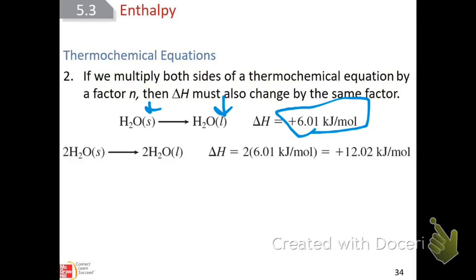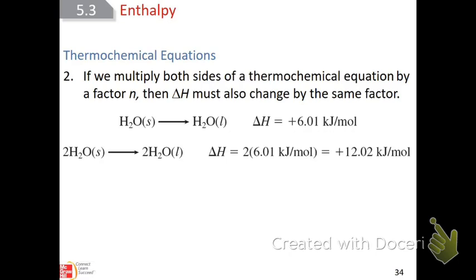And then it's showing you in this next bracket here, but what if we had 2 waters that we wanted to convert? Well, then we'd also have to multiply our delta H value by 2. All right. We're good there? That's, I think, pretty straightforward, I hope, for you. And what if you reverse it?